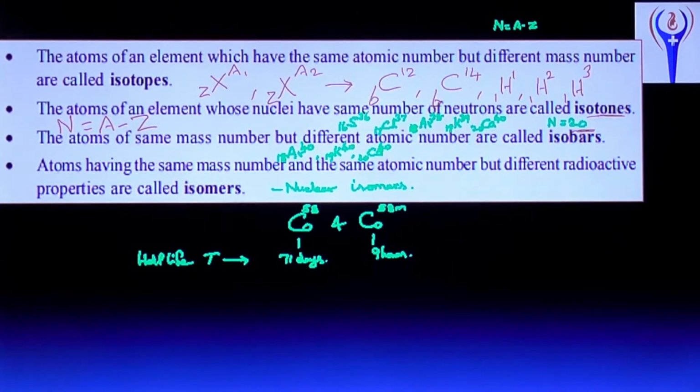What is an isotone? Elements having different atomic number, different mass number, but the same neutron number are called isotones.